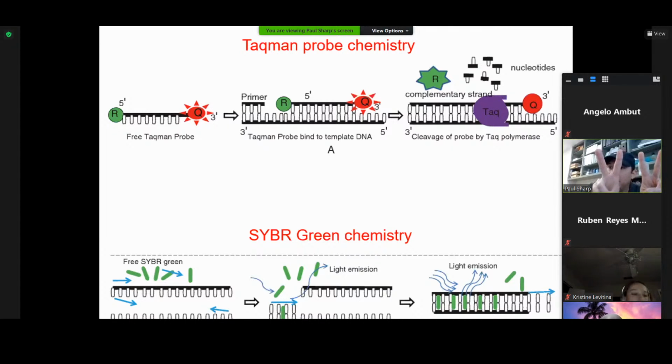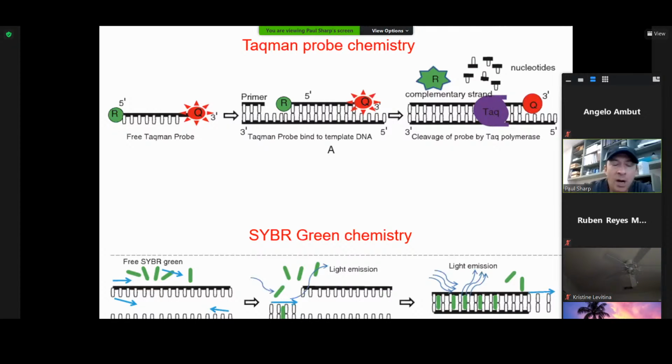And then when the Taq polymerase goes and synthesizes 5' to 3', those two TaqMan probes will have the reporter released from the quencher, and now you have two reporters. The next round, you would have double the number of reporters. The next round, once again, double the number of reporters. So the amount of fluorescence is a direct correlation with the amount of PCR product. Okay, and that's what makes it quantitative.